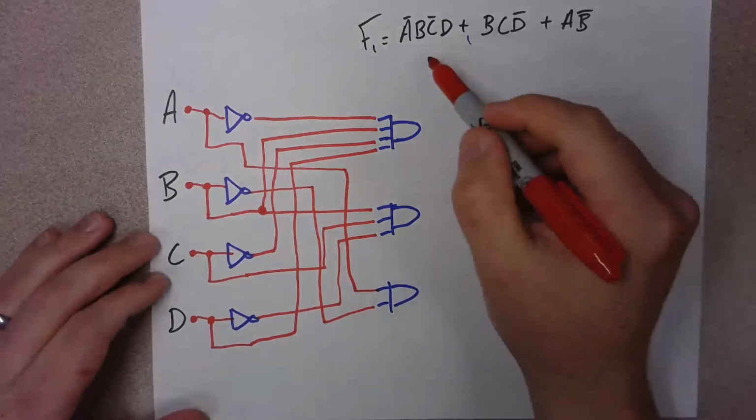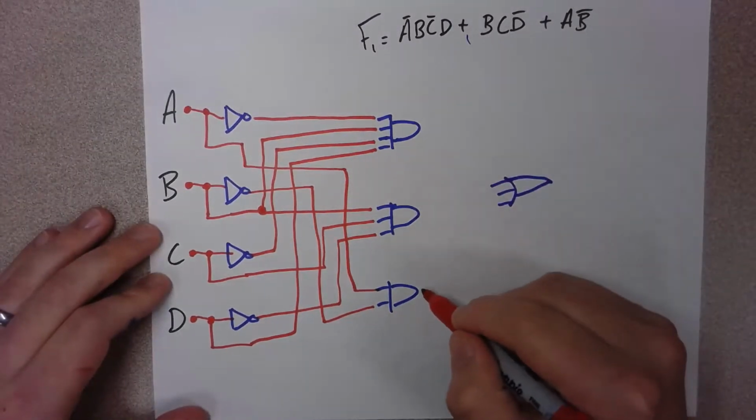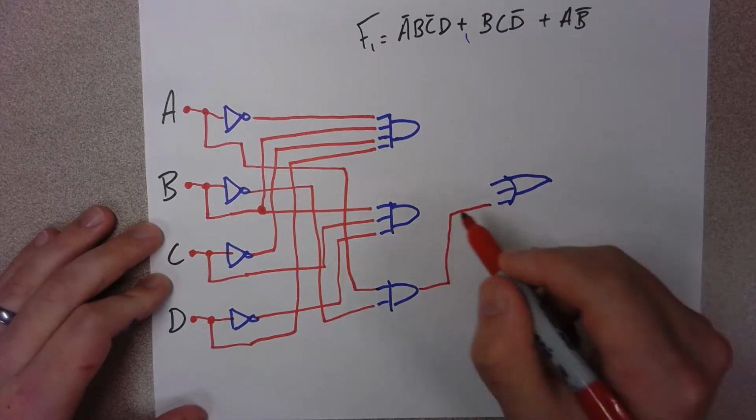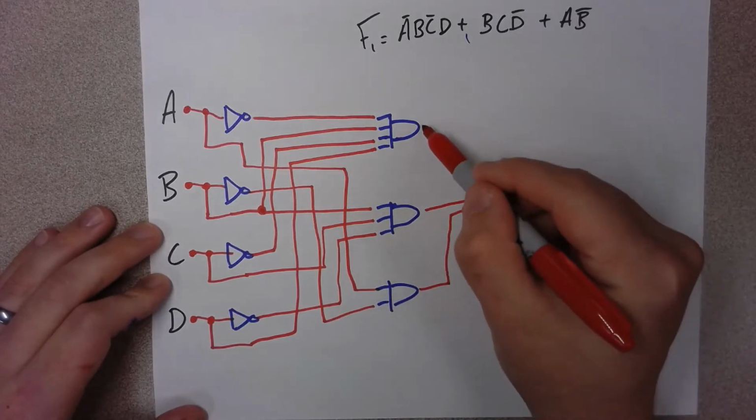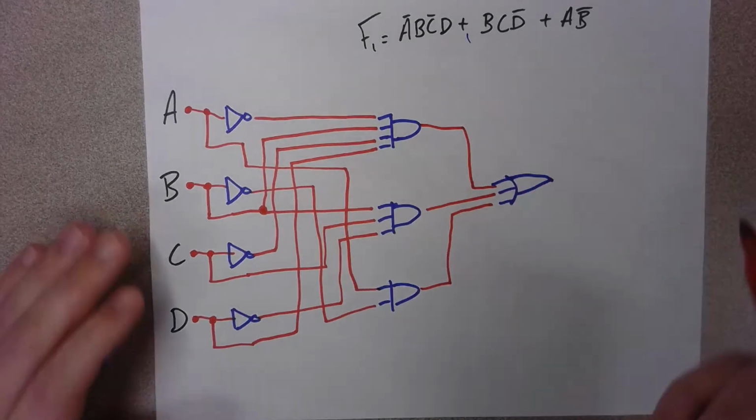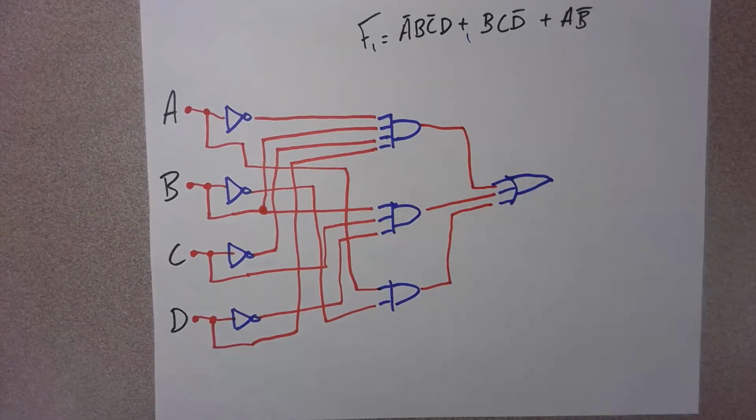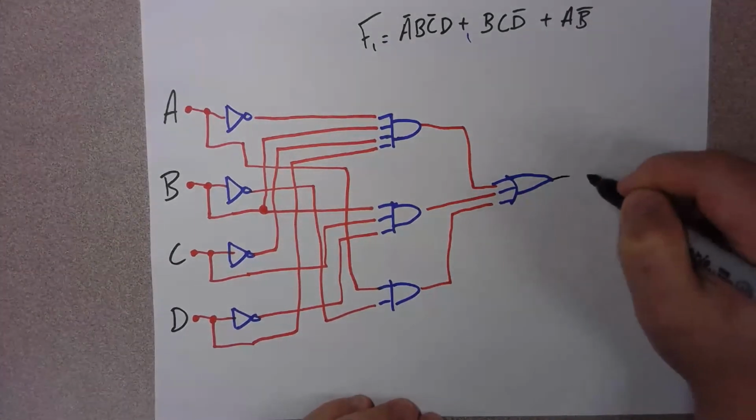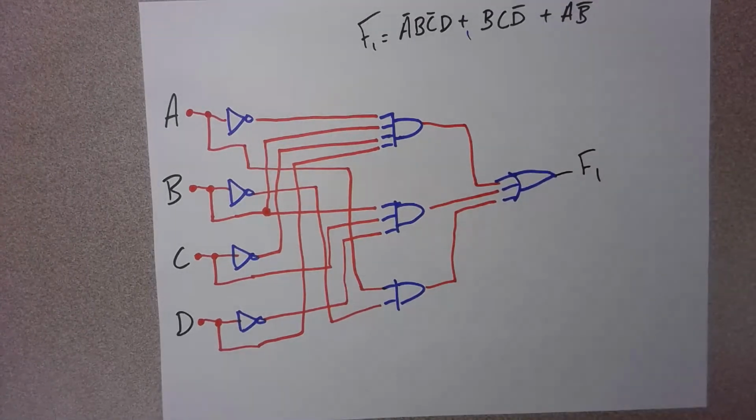Then all 3 of those AND gates have to be ORed together, so they all go to my OR gate here. Once they go through the OR gate, we get F1. So that's how you would go about doing that.